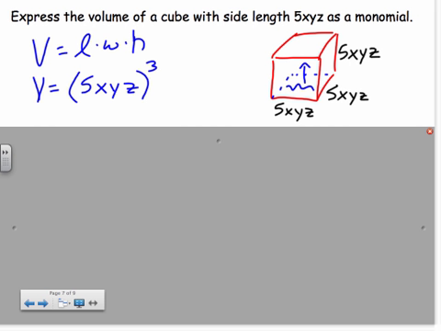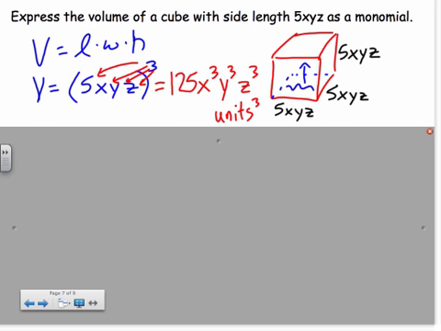Because I'm multiplying it by itself 3 times. And that would be our product of powers property. Like I said, it's very similar to the distributive property. We're going to go ahead and distribute that third power to all of our numbers and variables in there. So 5 to the third gives me 125. X to the third, y to the third, z to the third. In this case, there is no units. It doesn't say inches or centimeters. So it would be units cubed for the measurement, right?